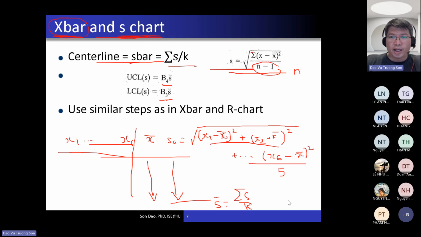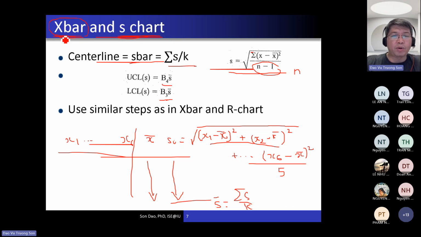So at the end, you're supposed to get the same result, because the X bar chart shows signs of instability. This means even if we use X bar and S, the process is still not stable and out of control.